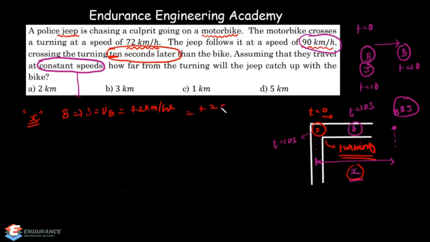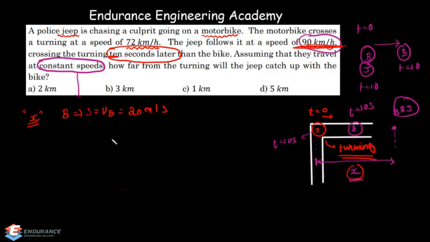Let me give you the method: 72 into 10 power 3 meters divided by 3600 seconds. Just cancel it, and finally you will end up with 20. Similarly, for 90 kilometer per hour, multiplying by 10 power 3 and dividing by 3600, you will get 25 meter per second. So let me write it down here: this is going to be 20 meter per second.